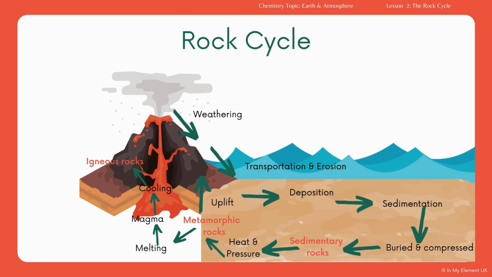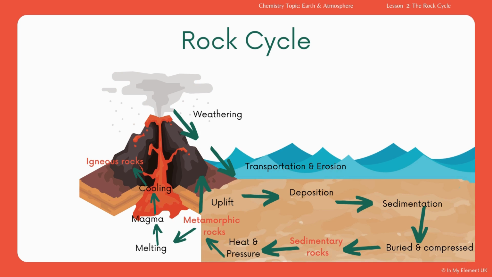Then the sedimentary rock can undergo large amounts of heat and pressure, and they form metamorphic rock because of the extreme heating and squashing that it's been under. Uplift can occur at this point as well, which means rocks like marble could be exposed. Now, those metamorphic rocks could undergo even more heat and pressure and be melted.